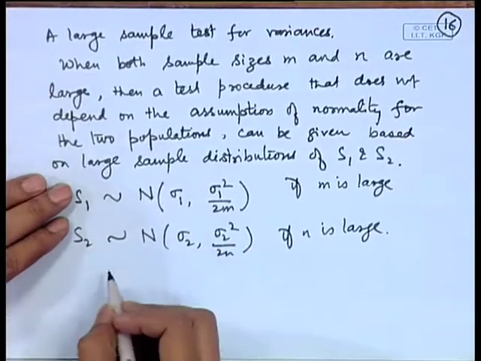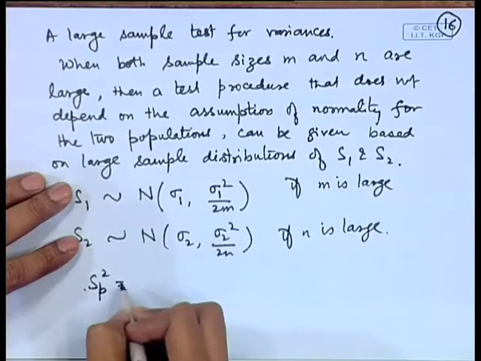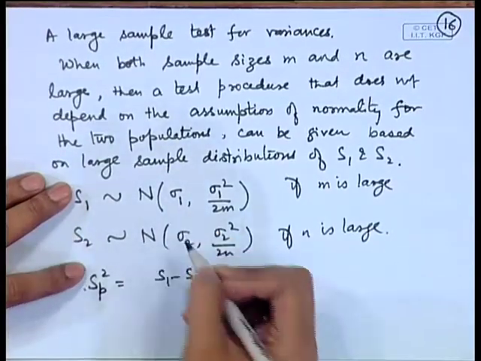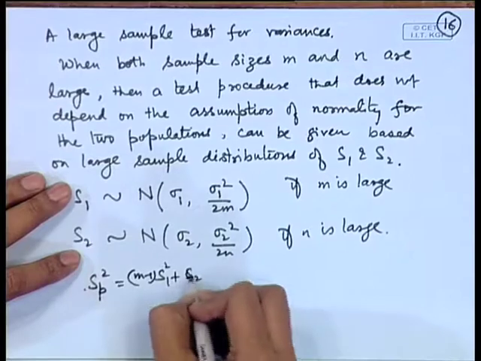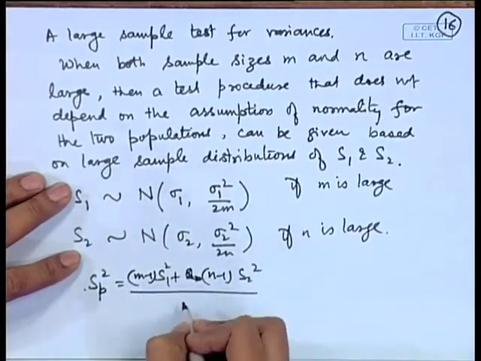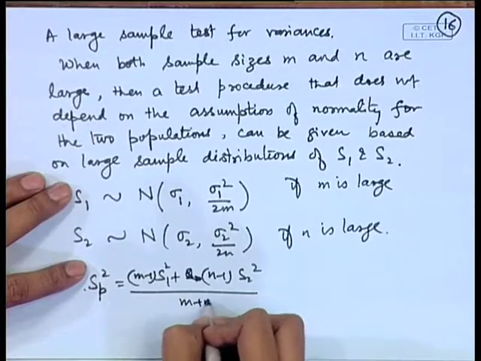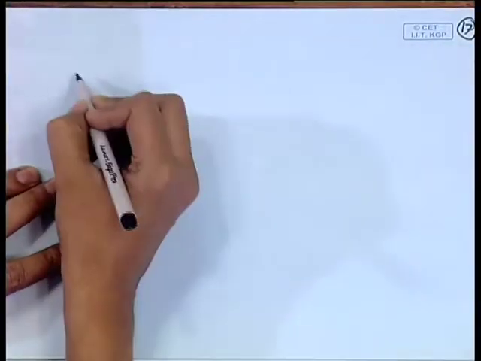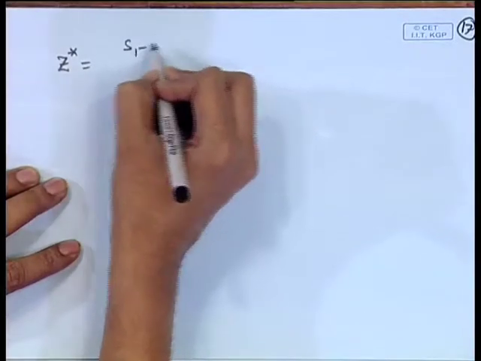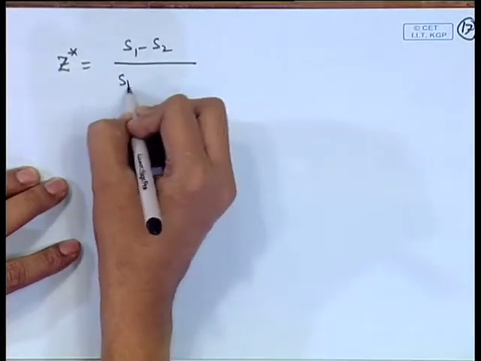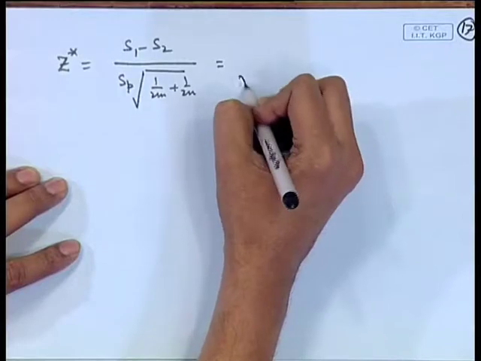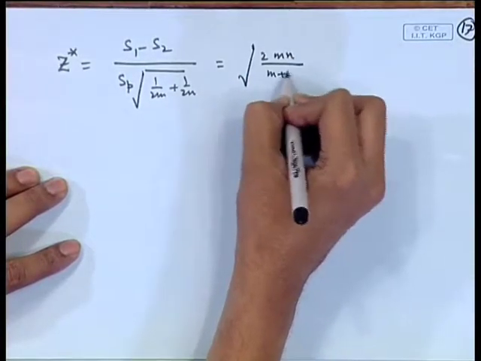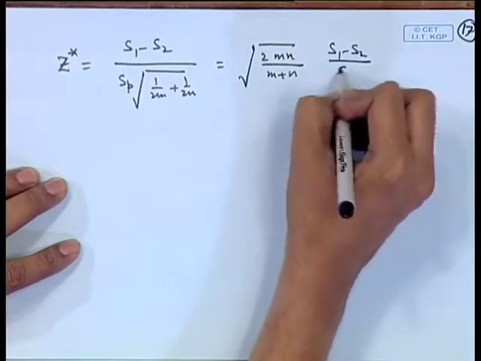We may also create a pooled estimate here, that is S p square. Under the assumption that sigma 1 is equal to sigma 2, we can consider it like this: m minus 1 S 1 square plus n minus 1 S 2 square divided by m plus n minus 2, and we can construct the test statistic, say Z star, that is equal to S 1 minus S 2 divided by S p root 1 by 2m plus 1 by 2n, which is actually equal to root 2mn by m plus n, S 1 minus S 2 divided by S p.